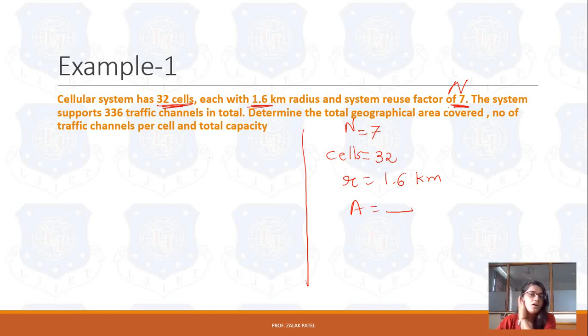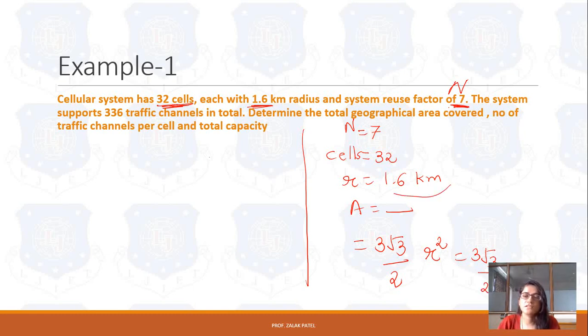To calculate the total geographical area, the cellular system uses the hexagonal shape, which is why we consider the shape of a hexagon here. The area is given by 3 root 3 by 2 into r square, the area of a hexagonal cell.